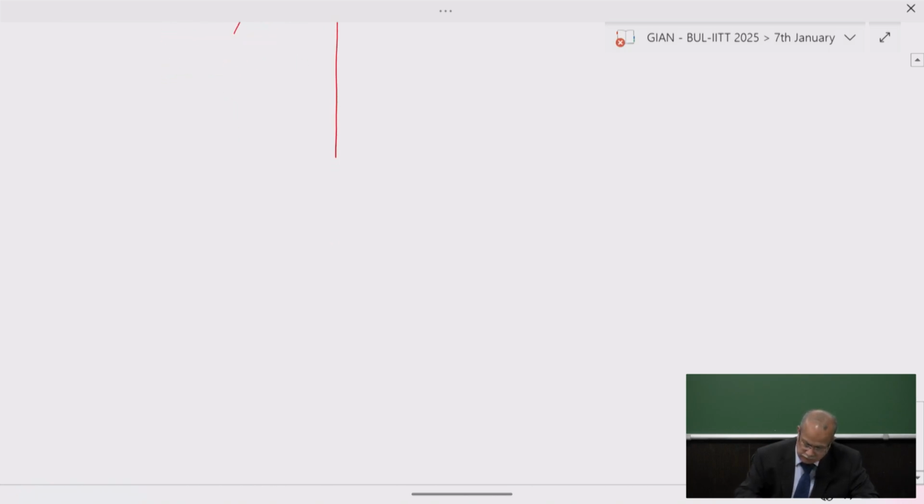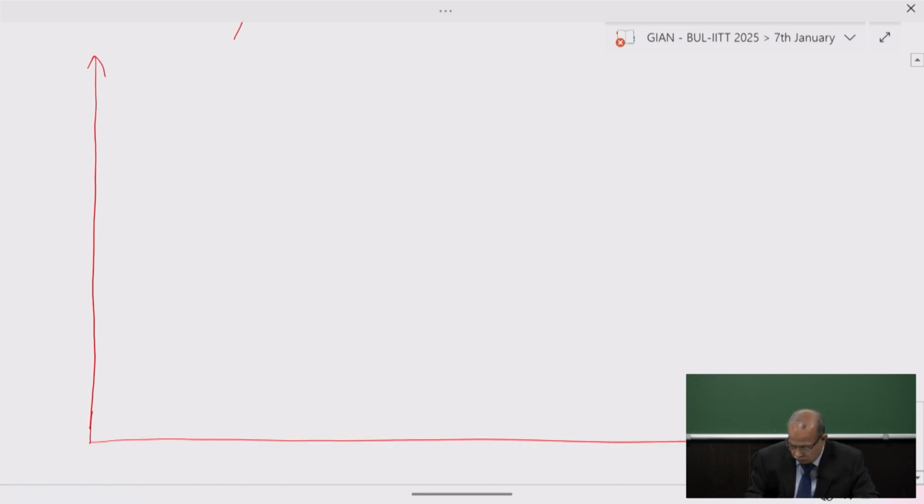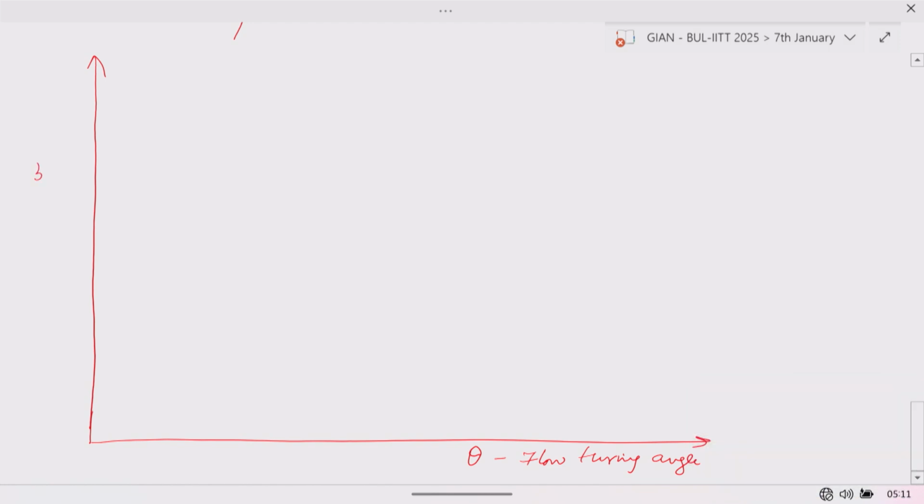So on the x-axis, I'm using theta as the flow turning angle. On the y-axis, I'm using beta, which is the oblique shock wave angle.